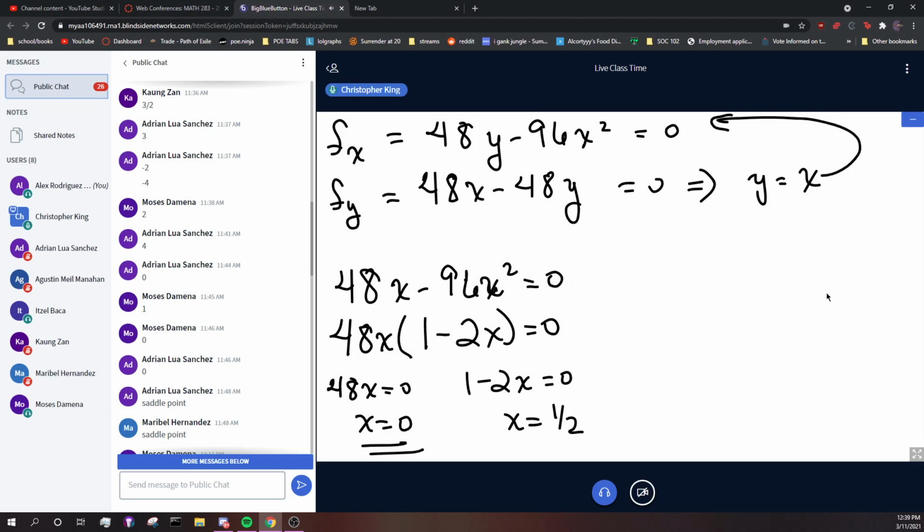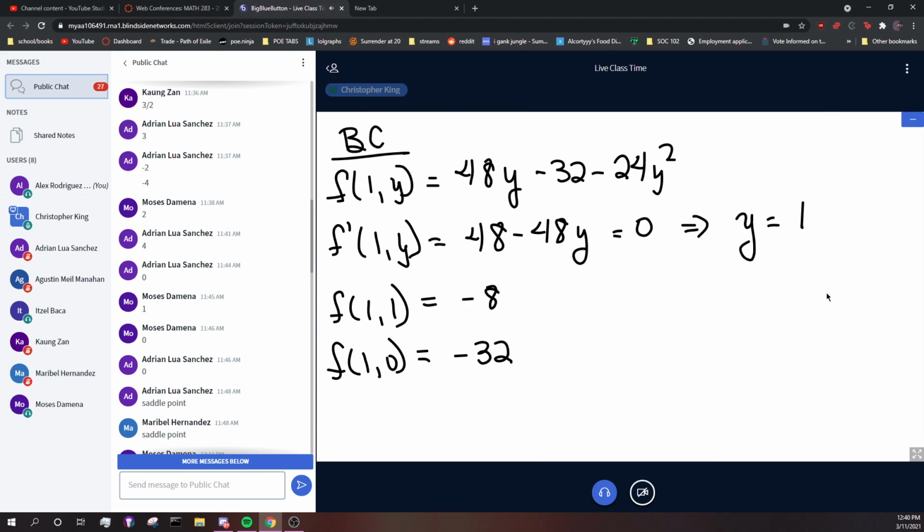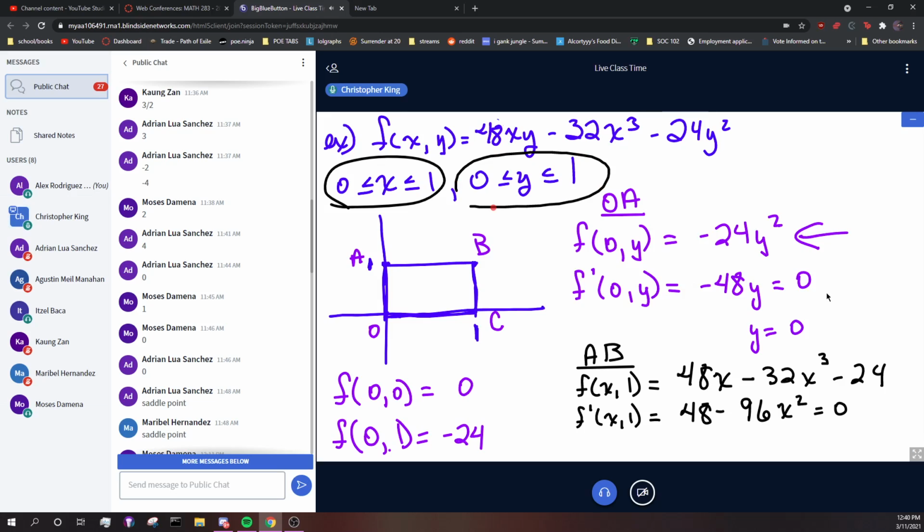Okay. Well, if x is 1/2, y is going to be what? 1/2 also. Okay. So we have a new point here that is not going around the edges, and this point falls within our defined intervals.